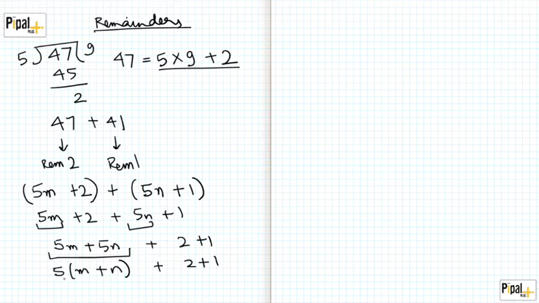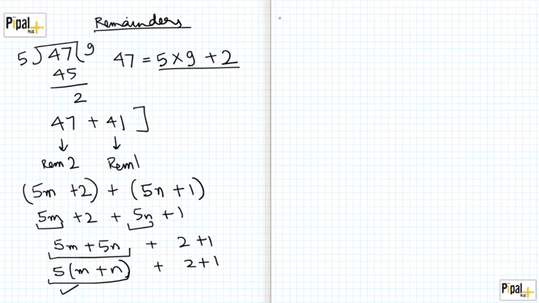So this part continues to be a multiple of 5, and the remainder when the sum is divided by 5 is equal to the sum of the remainders. Here 2 is the remainder when 47 is divided by 5 and 1 is the remainder when 41 is divided by 5.